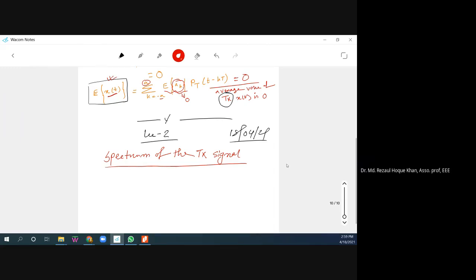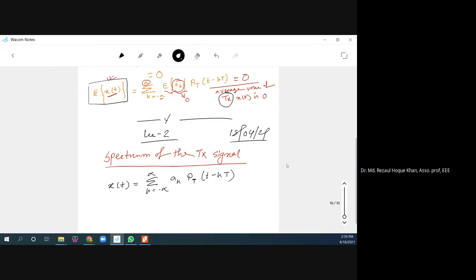Now let's check what was our signal. x(t) was the sum for k equal to minus infinity to plus infinity of a_k p(t minus kT). Here a_k is our random bit, and p(t) is the pulse.